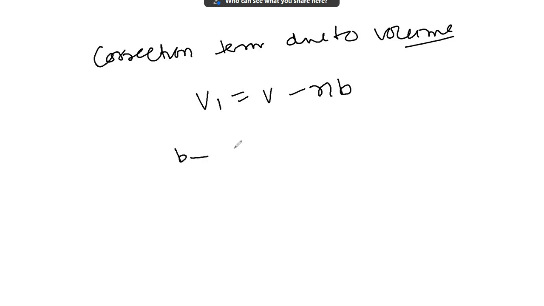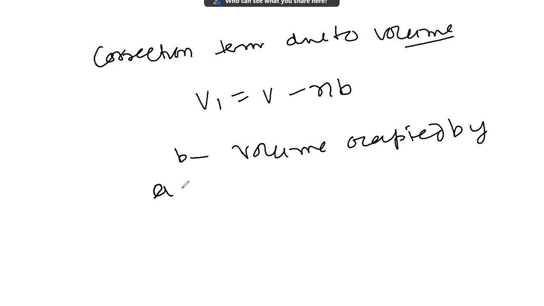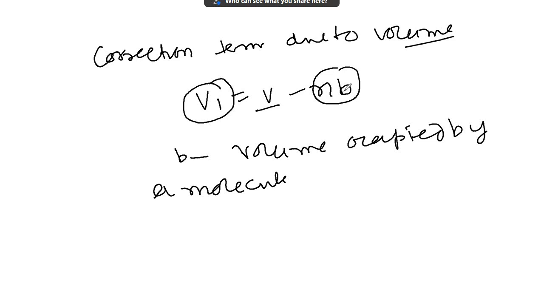B is the volume occupied by a molecule. N is the total number of molecules. Hence the effective volume for movement will be the total volume minus the excluded volume due to molecules, V minus NB.